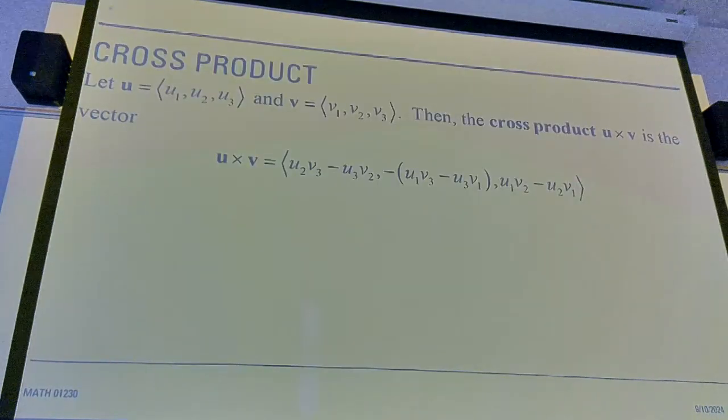Because the quantity the vector product gives you is a vector, this is also called the vector product.